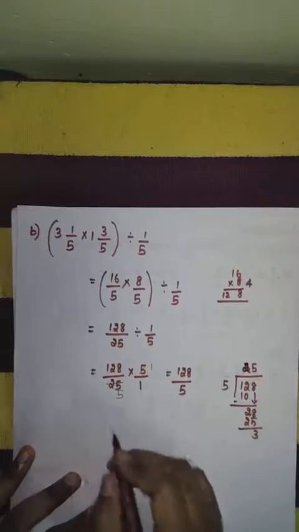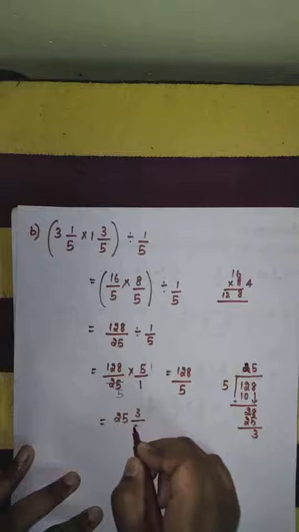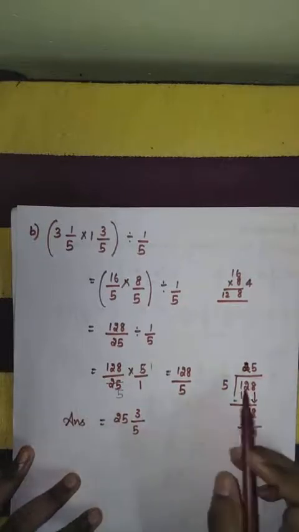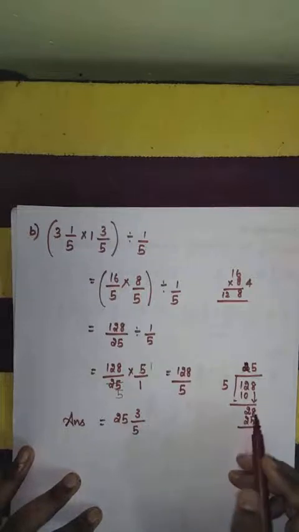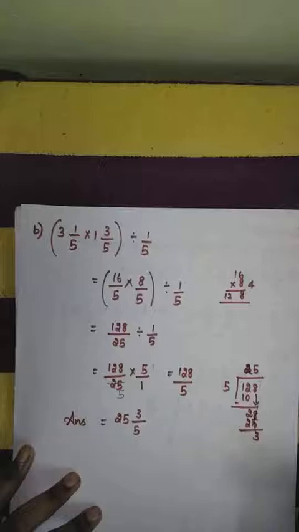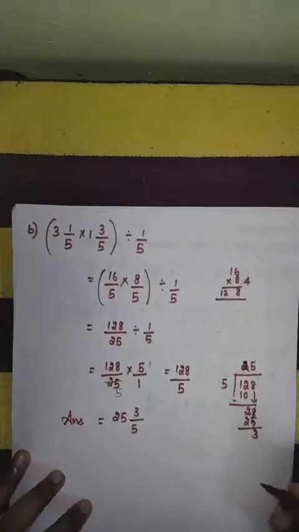Balance 3. So your answer is 25 3 by 5. This is your answer. Okay. 25 3 by 5. So our answer is 25 3 by 5. This is your answer. Clear?